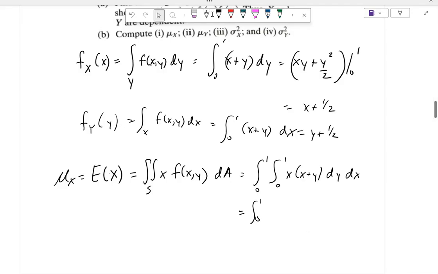I need to distribute my x through. X times x gives me x squared. I'm integrating with respect to y, so I would have x squared y, and then plus xy squared over 2.